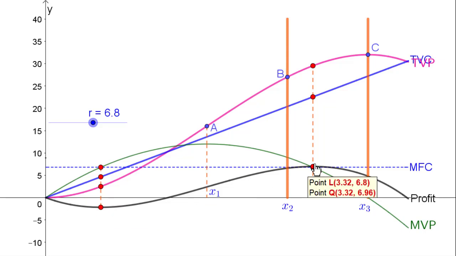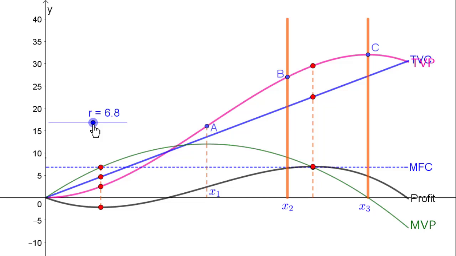We're interested in this point where the profit is maximized. It is never optimal to produce to the left of X2 because MVP is always above MFC, and you can always increase your output by increasing your input use.